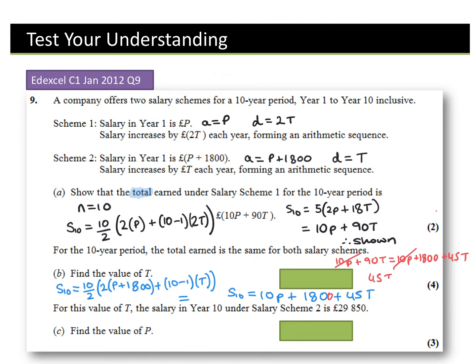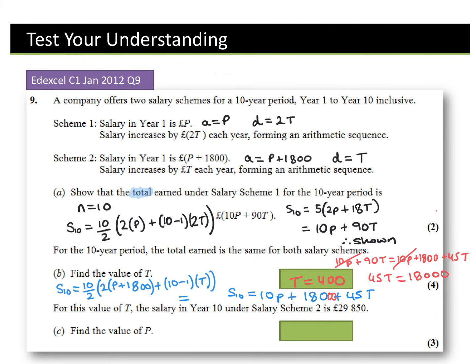That means 45t equals 18,000. 18,000 divided by 45 is 400. So therefore t equals 400 is the final answer. Okay, wait, so this is 1,800 times 2 times 5, 18,000. Sorry, mix up in the class with the amount of zeros going on.